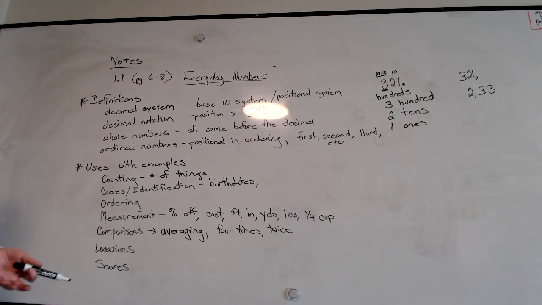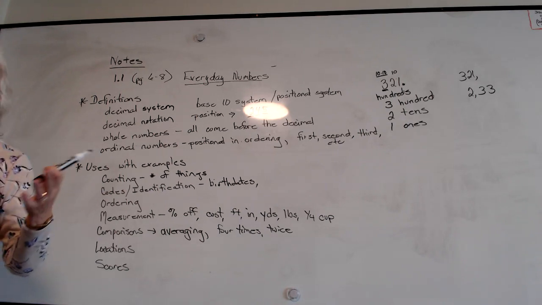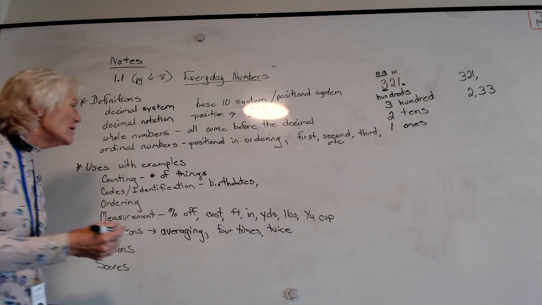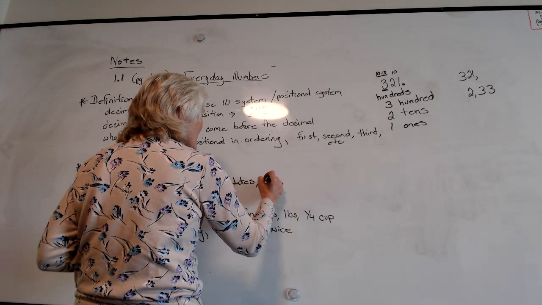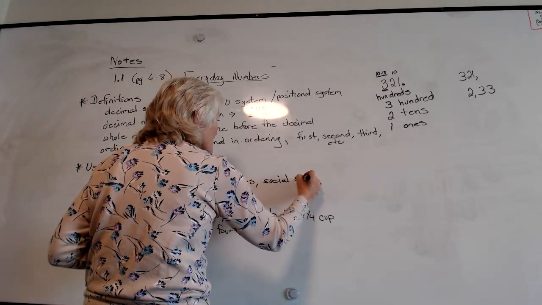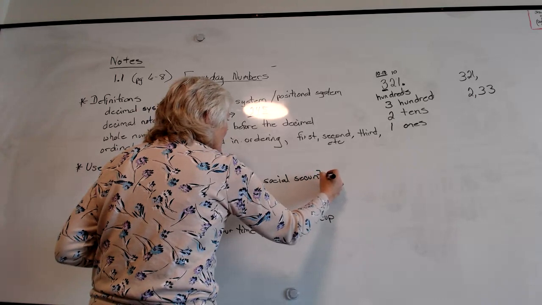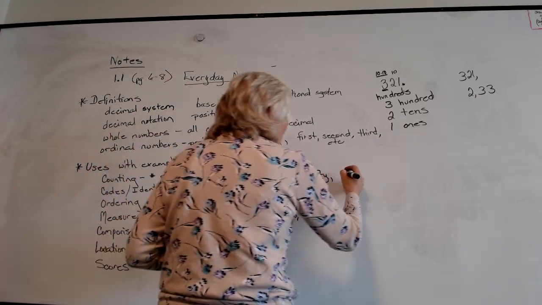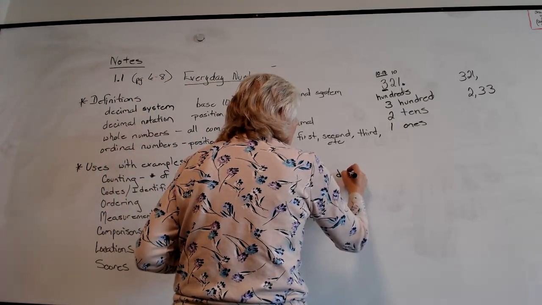Once you get a license, you'll have a driver's license identification. It's not all numbers, it's got letters and numbers, but it will be something. So Social Security is an example, your driver's license.